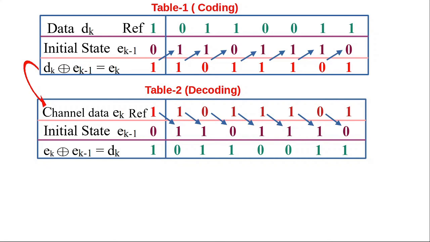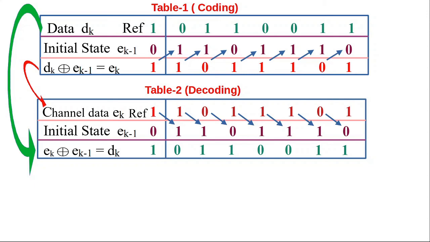These are the output stream, message stream that we received from the decoder circuit, and it is clear that dk, the input message signal, and the message signal received after decoding is the same.